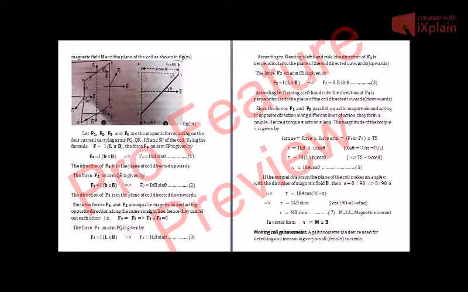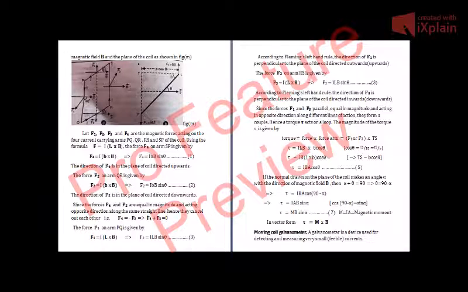You can see we have a rectangular coil PQRS placed in a uniform magnetic field, and the plane of the coil makes an angle theta with the direction of the magnetic field B. I have placed the coil in such a way that the angle theta is 90 degrees, as you can see from the figure.